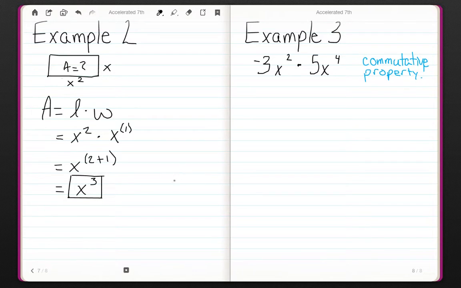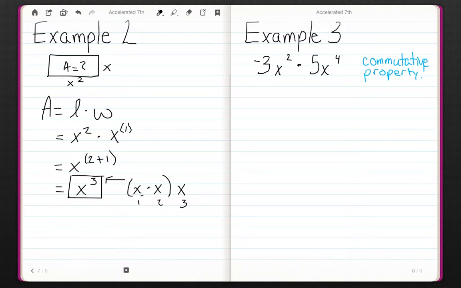I can double check my work by saying x times x, or x squared, times x again. There are 1, 2, 3 x's that I'm multiplying together. So I have an exponent of 3, so my answer is correct.